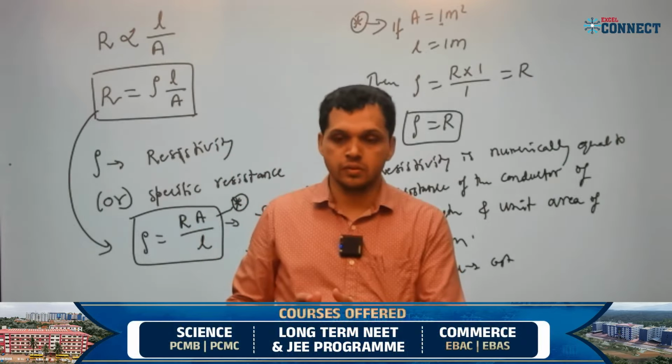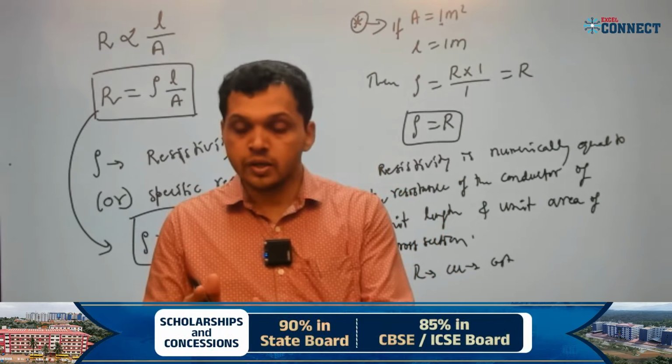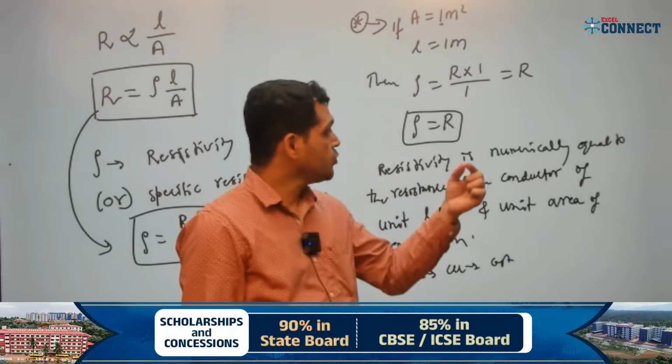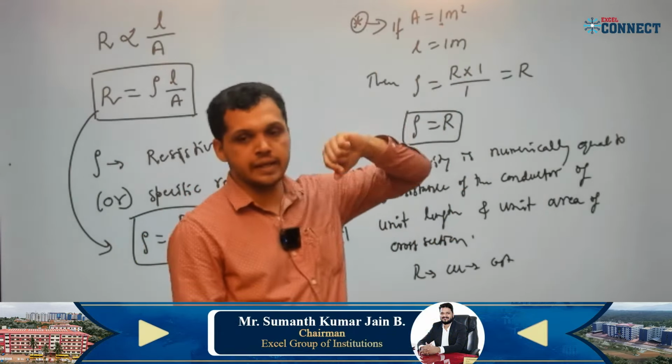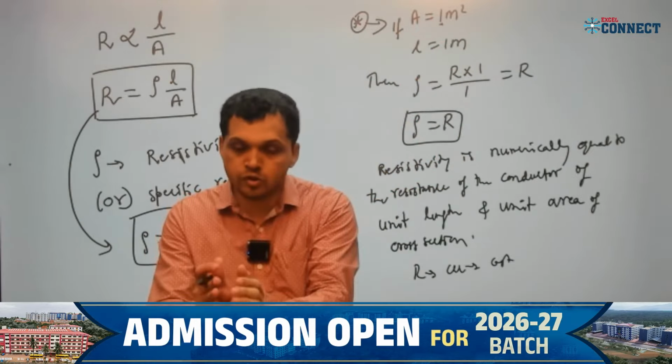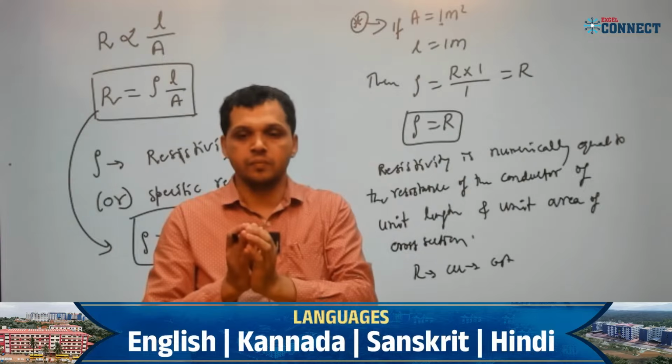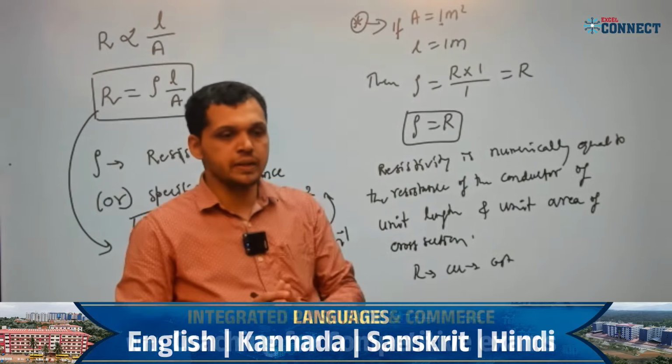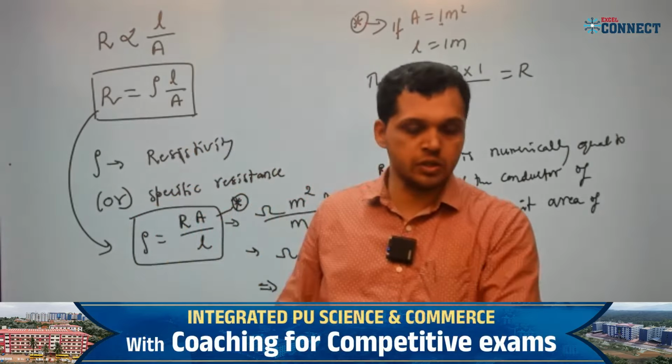Resistivity is a constant, because we define resistivity for unit length and unit area. For unit length and unit area it has a particular value, and whatever the dimension, the value remains constant.